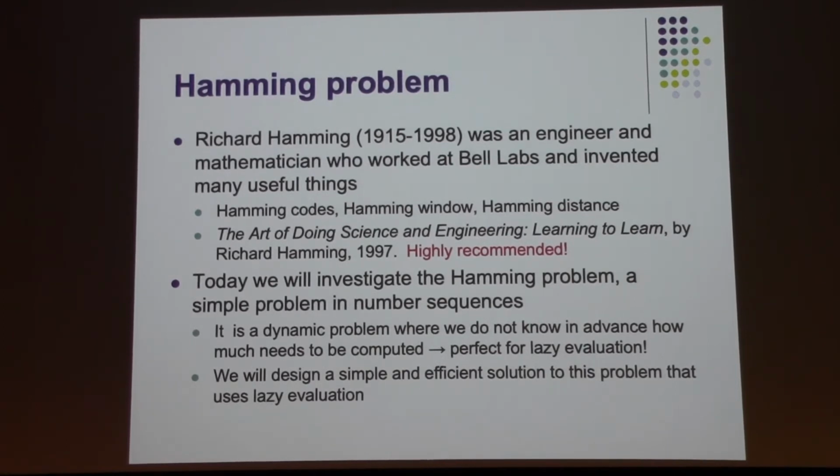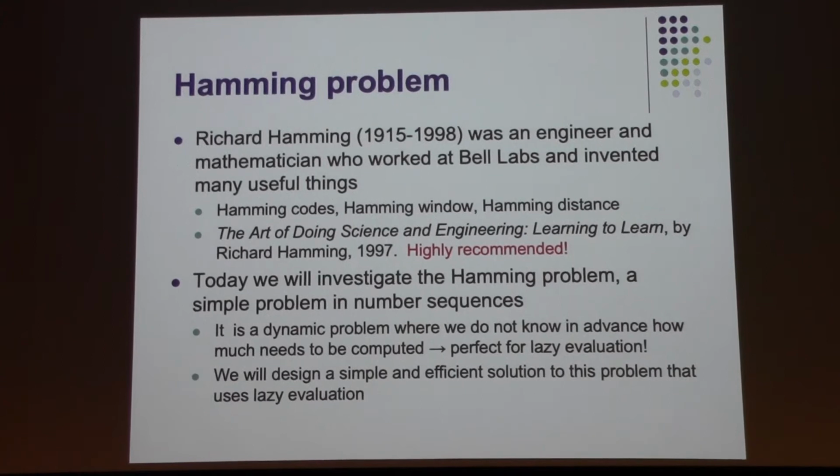He invented something called Hamming codes for coding. He invented something called the Hamming window for signal processing, also the Hamming distance, and many other interesting things. Those are just a few of them. He wrote a really interesting book, which is called The Art of Doing Science and Engineering: Learning to Learn.